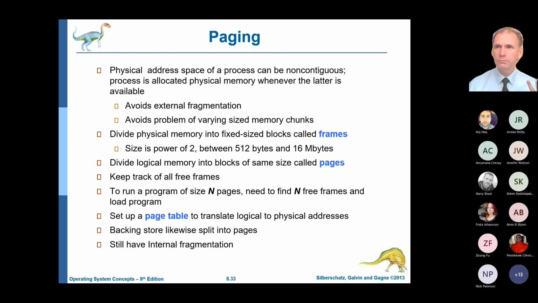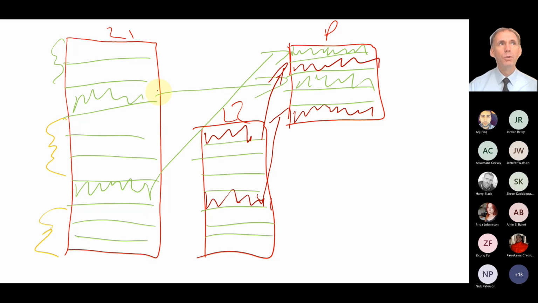We keep track of it, so we have something called a page table. So that's this idea of knowing what belongs where. So we have a page table that keeps track of all this.